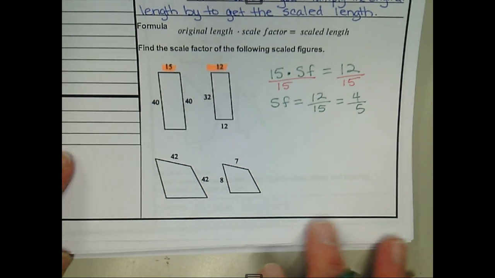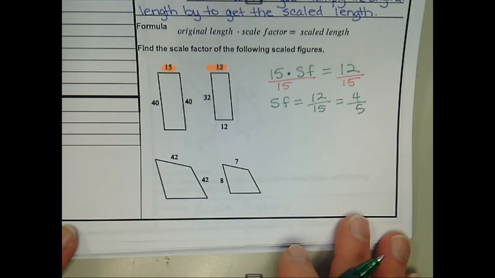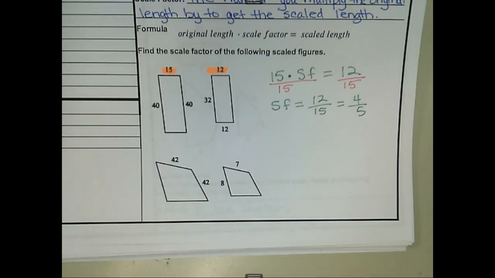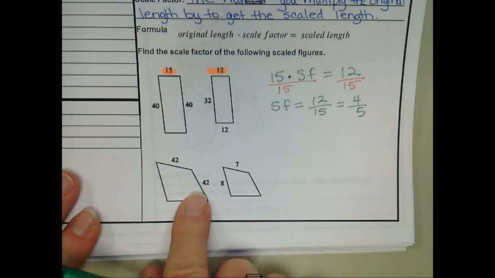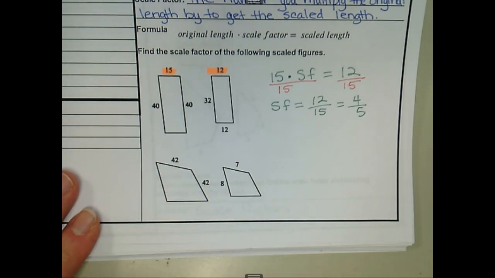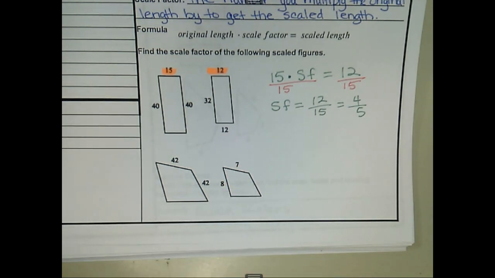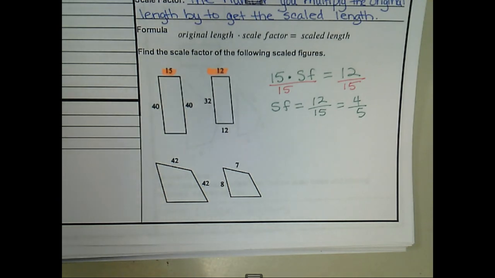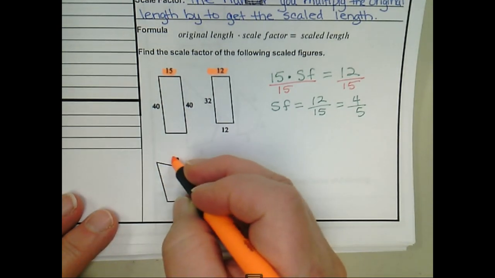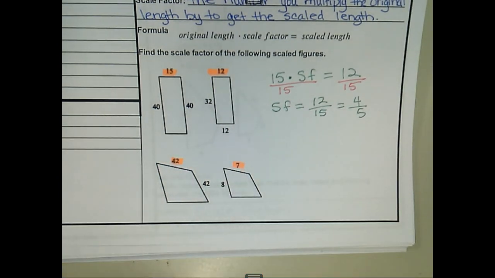So on the next one, we're not looking for missing lengths. We're simply looking for our scale factor. So I've got 42. My question is, does it match the 7 or the 8? Hopefully you said the 7. 42 and 7 are in the same corresponding positions.